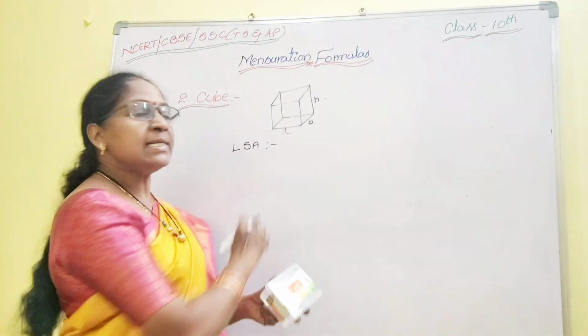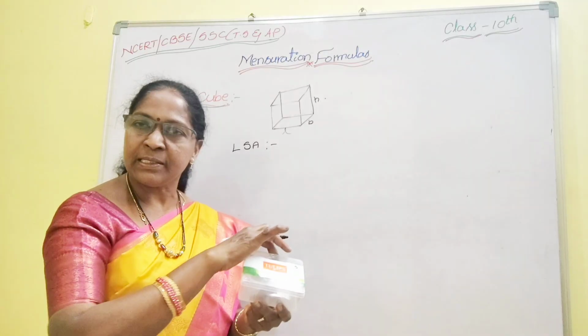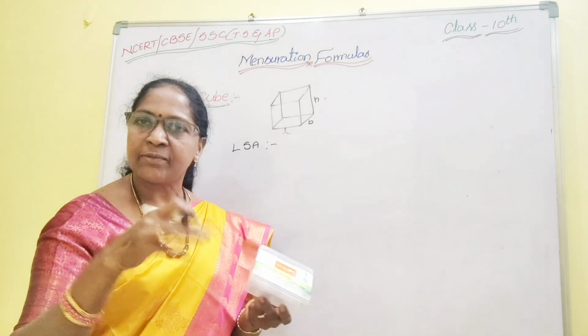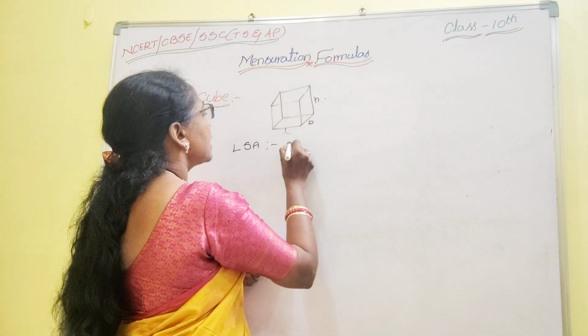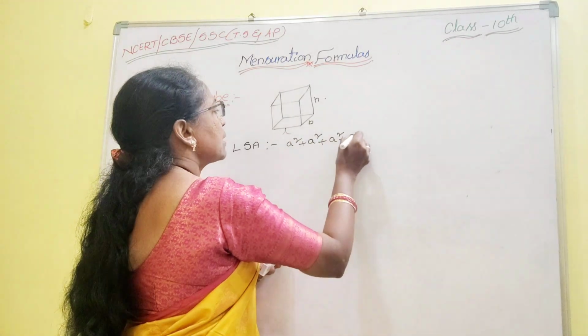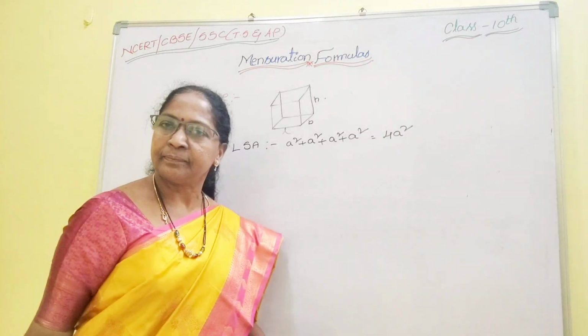A square. Lateral surface area means 4 faces: A square plus A square plus A square plus A square. That equals 4A square, which is the formula.